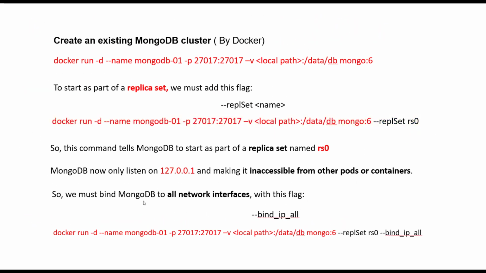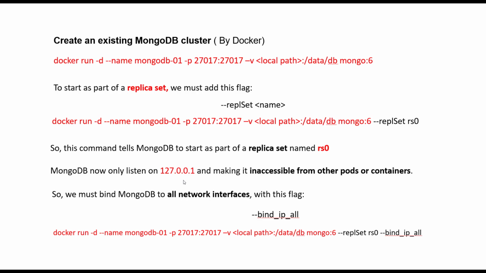Now MongoDB only listens to the address 127.0.0.1, as it is localhost, which makes it inaccessible from other containers or Kubernetes pods.